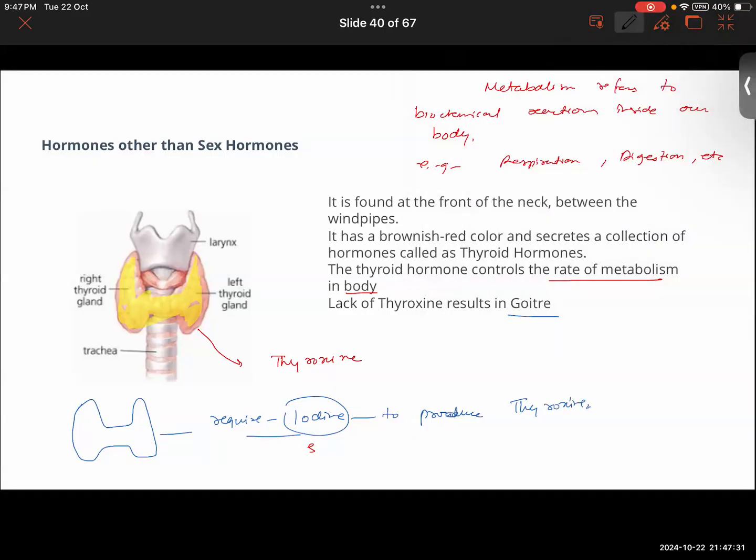But if our diet lacks iodine, the gland will start to swell up. It will start to expand in order to maximize the absorption of iodine. So due to lack of iodine, it expands and swells and leads to goiter.